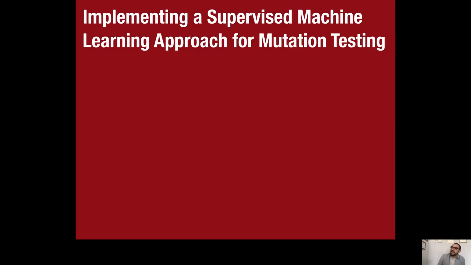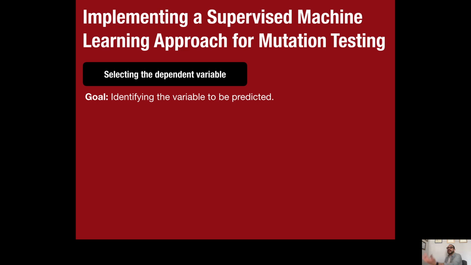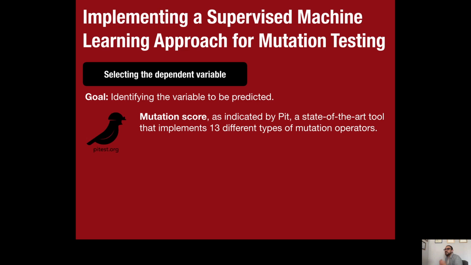Step 1, instead, is to select the dependent variable. What does it mean? It means that you want to identify what is the variable that must be predicted, so the variable of interest. We are talking of mutation testing, so in our case, this was the mutation score. Mutation score and mutation coverage are synonyms.